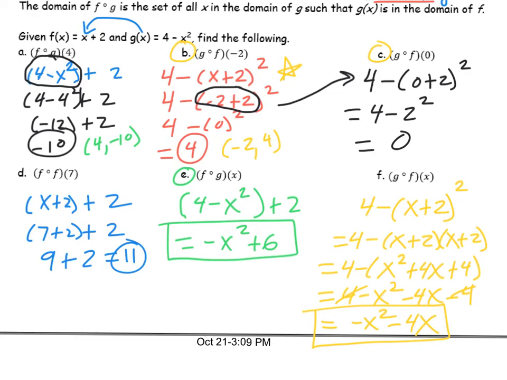And when you plug 0 into it, you got 0. Okay, but those are the 2 ways you could do composition. And again, if you're composing 2 functions, those are kind of your 2 options. Say one is called f and the other is called g. You can plug function g into f. You could plug function f into g. Okay, those are basically the two ways you could do it.